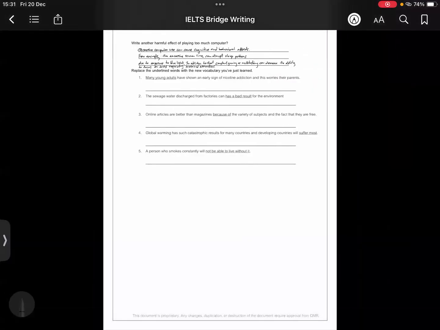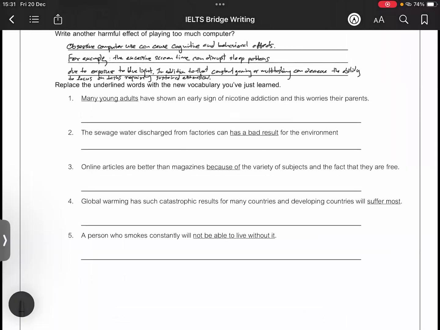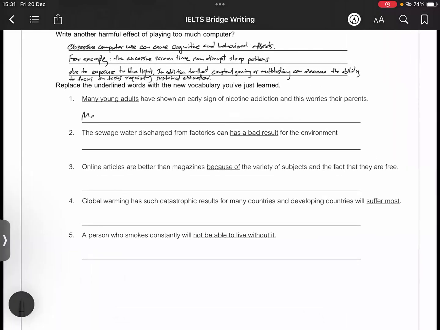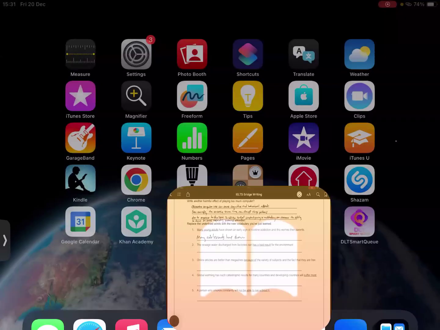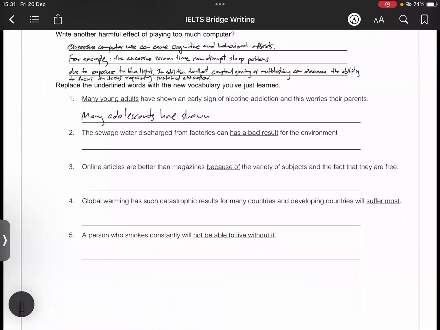Okay. So I can say many adolescents have shown an early sign of nicotine addiction.